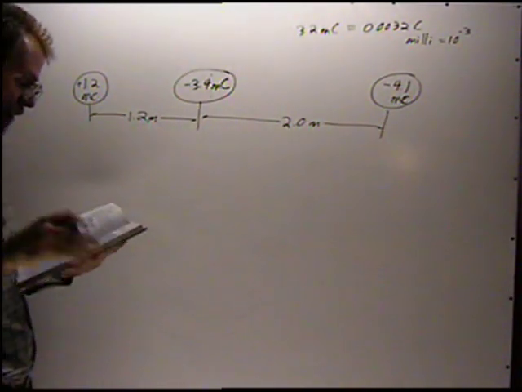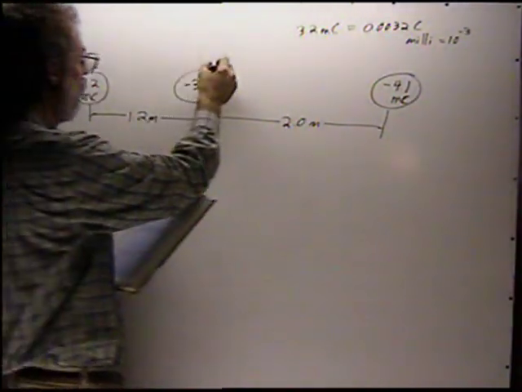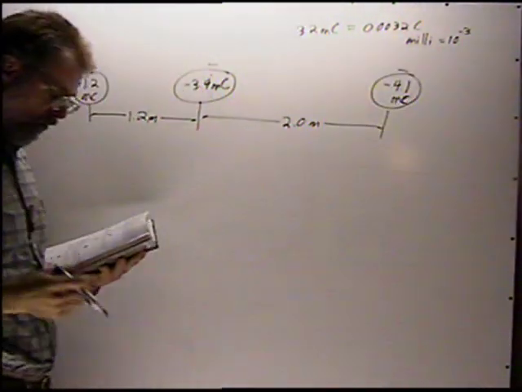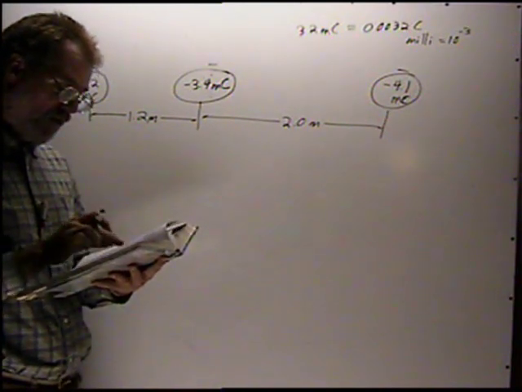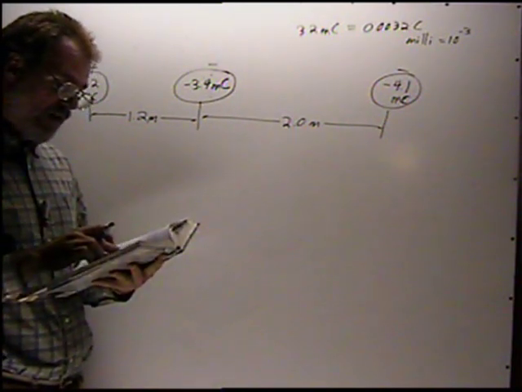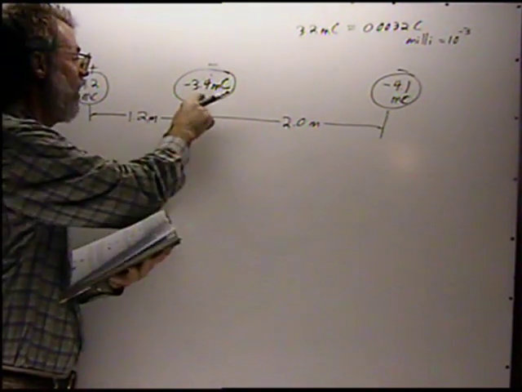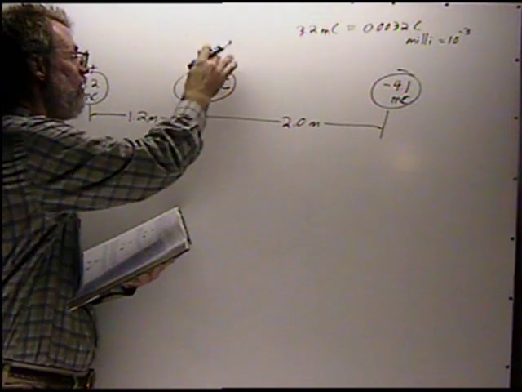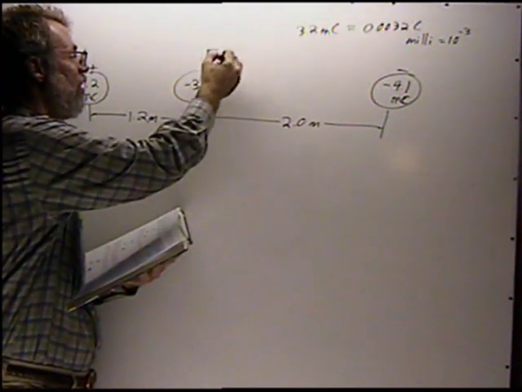Okay, and the question is, we have a plus charge, a minus charge, and another minus charge. So the question is, what is the total instantaneous electrostatic force exerted right here on this charge? So what is the force on this charge?